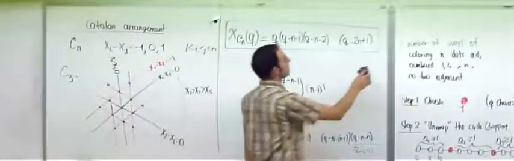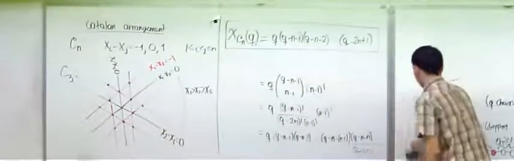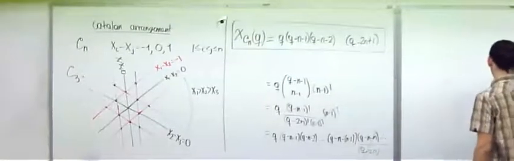So once we have the characteristic polynomial, we should figure out how many regions this thing has. Okay. So let's do that. And we know that that's easy now.